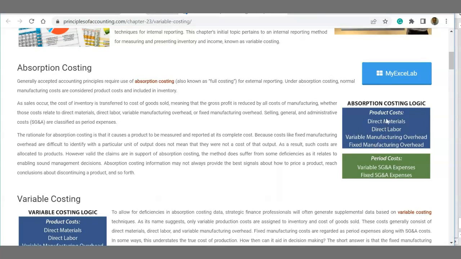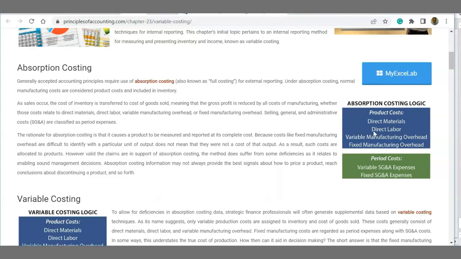So remember, in absorption costing, direct material is variable, direct labor is variable, variable manufacturing overhead is also variable, and we add to that obviously the fixed part of the overhead and combine them, and we say, okay, this is the product cost, and whatever we sell above product cost will be our revenue from the sales.